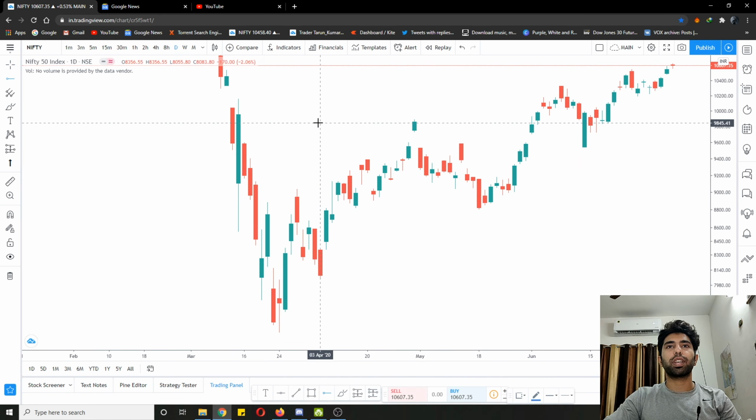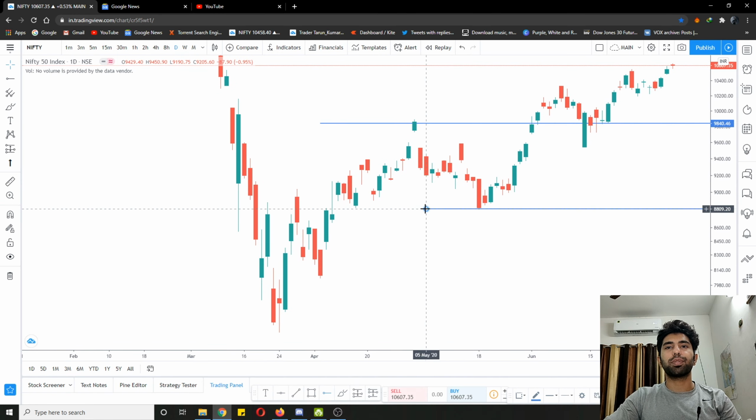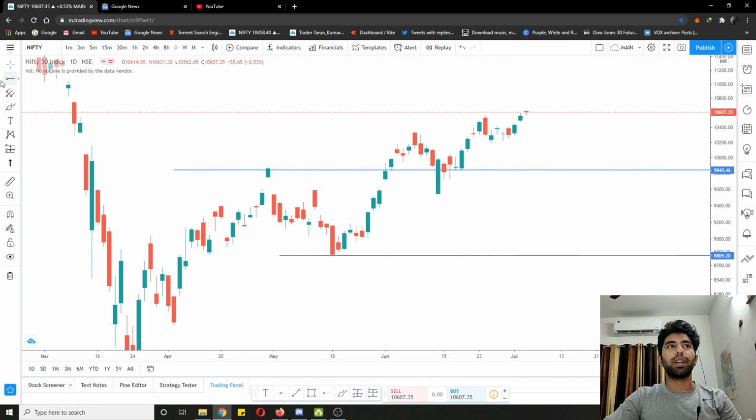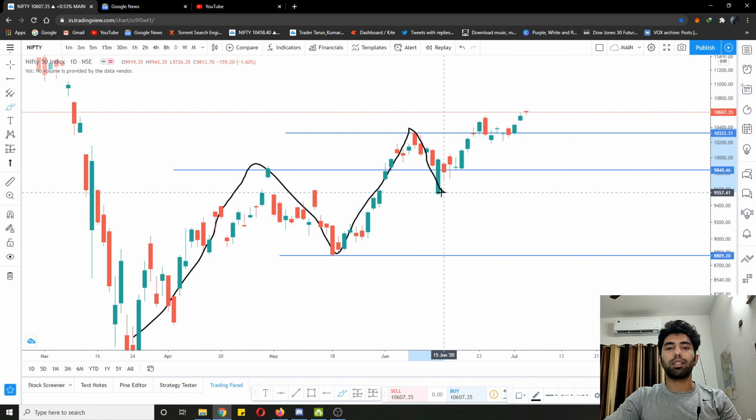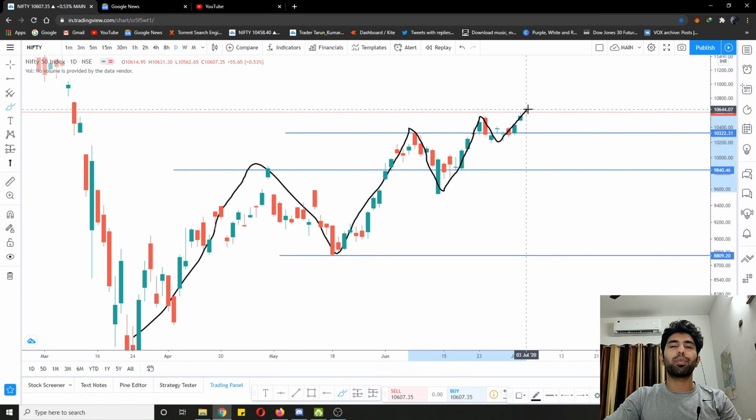Now this is our swing high, and this becomes our swing low. The market went up above that, made a new swing, and this is the swing low, this is the swing high, this is the swing low. Now we are moving up again.